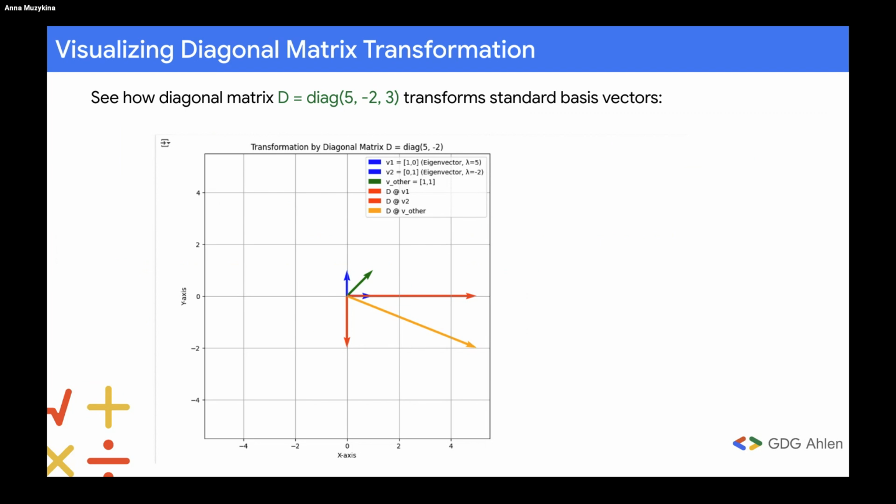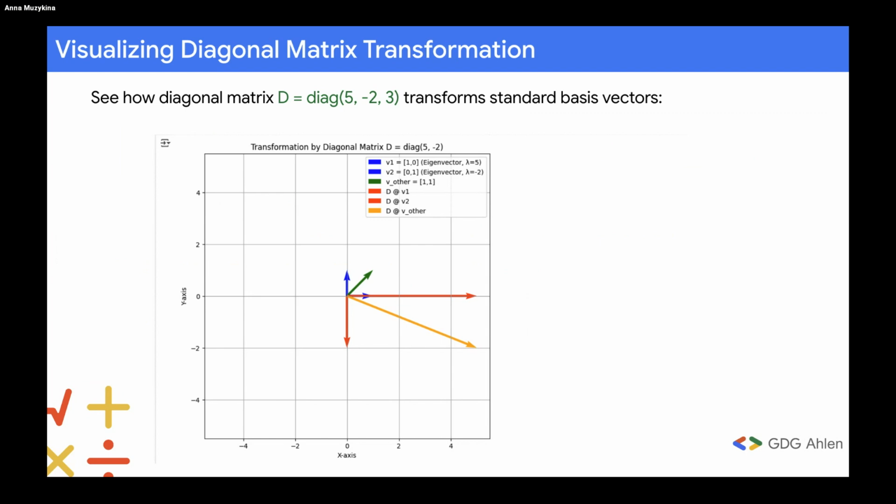The other vector, which is v_other and equals 1, 1, as you can see, its green arrow, gets transformed to Dv_other, which equals 5, -2. And you can see its orange arrow is clearly pointing in a different direction.